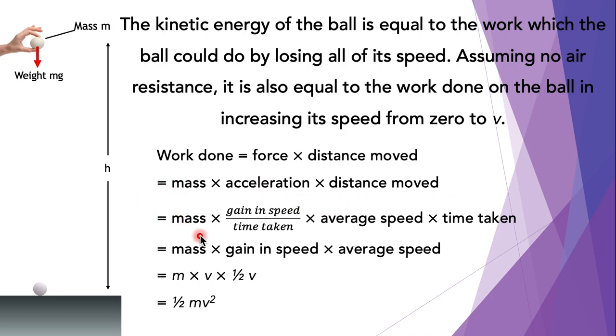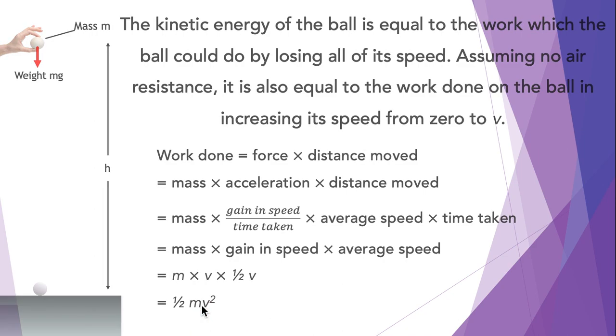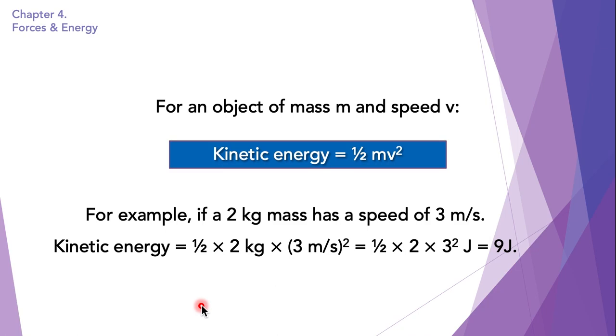Work done is equal to mass into gain in speed divided by time taken, into average speed into time taken. So work done is mass into gain in speed into average speed, which is m into v into half v. Work done is equal to half mv squared. So, for an object of mass m and speed v, kinetic energy is equal to half mv squared.